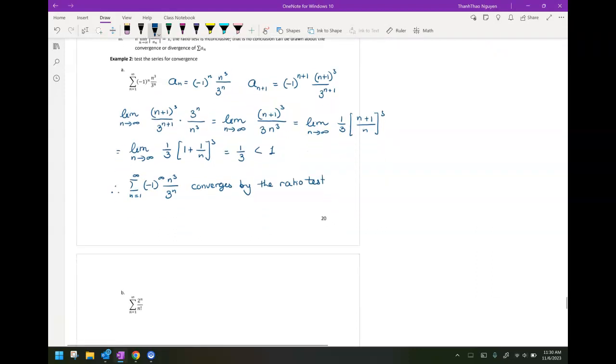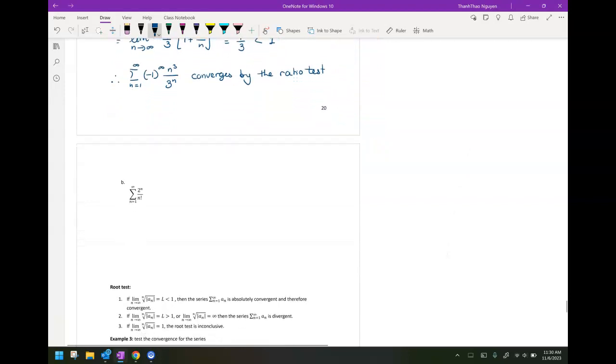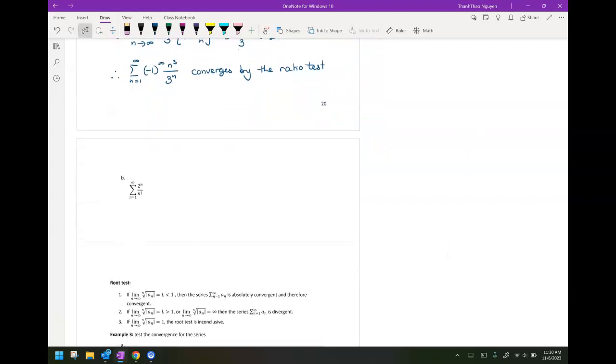Now let's take a look at the next one. I have 2 to the n divided by n factorial. Again, a sub n equals 2 to the n divided by n factorial. A sub n plus 1 equals 2 to the n plus 1 divided by n plus 1 factorial.